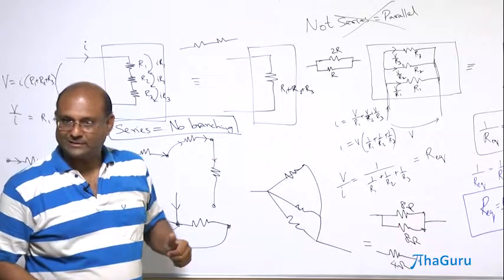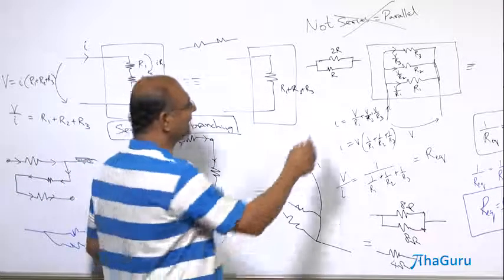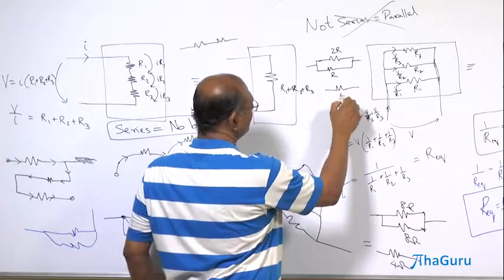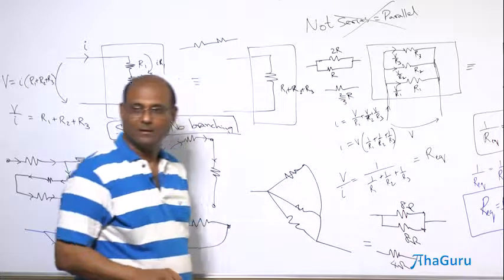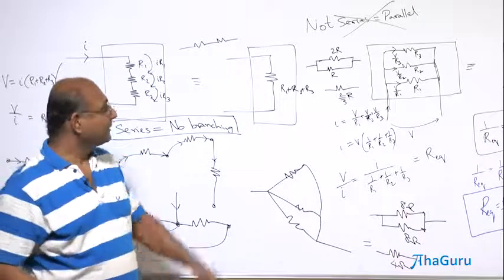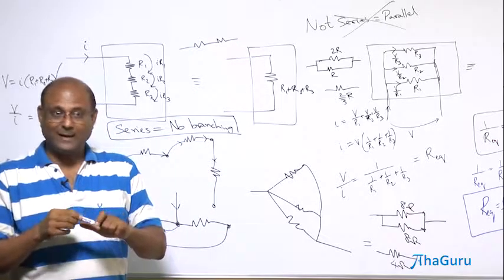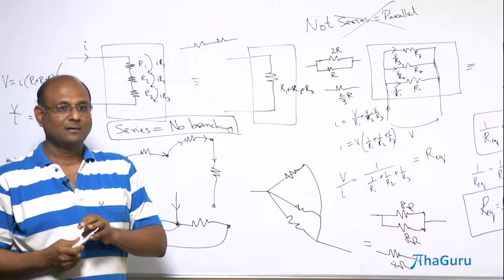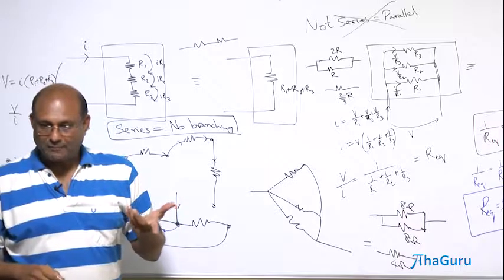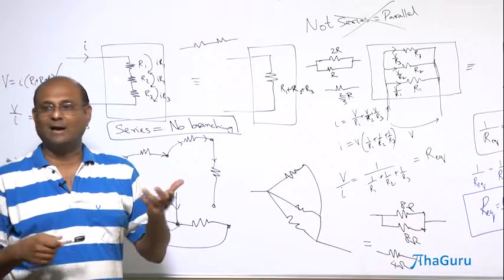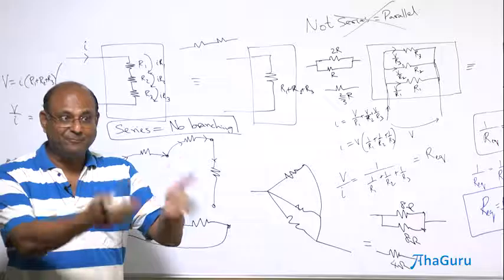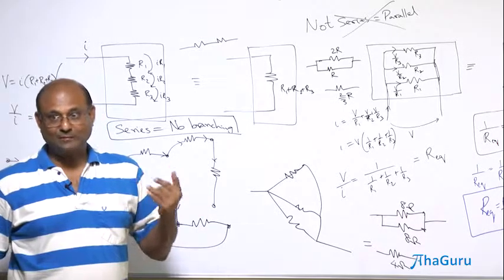So R cancels out. So what is it? 2 by 3R. Okay. Suppose I had 2R and 3R in parallel. 6R square by 5R. So 6 by 5R. So always remember, it will end up with an R because it has to end with ohms.